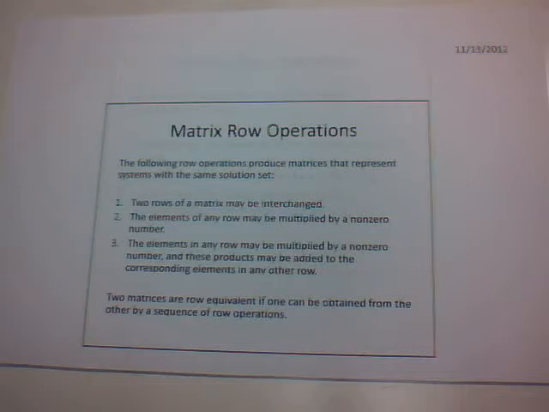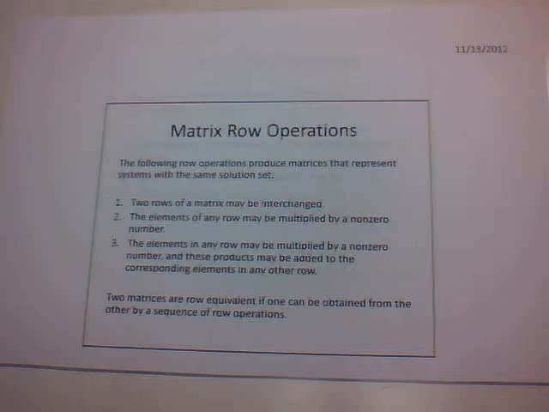The following row operations produce matrices that represent systems with the same solution set. And these are your matrix row operations here. Number one, two rows of the matrix may be interchanged. That means you can swap any two rows in order to get the ones in the position that you need them to be at.